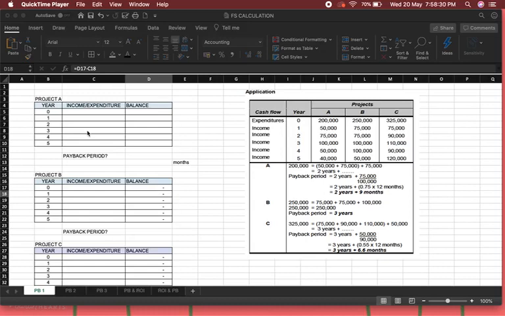For this example, we are comparing project A, B and C, to see which project gives the earlier payback period, which is the earlier that you can pay back your outstanding expenses.